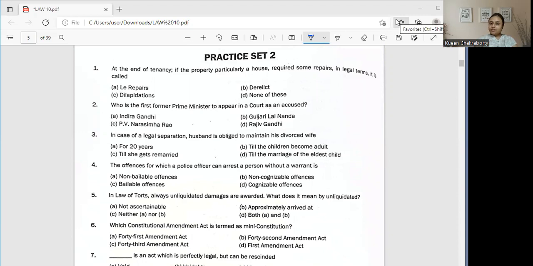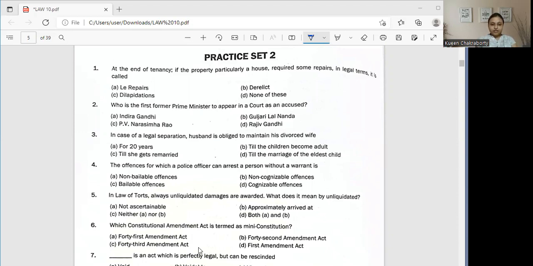So beginning with this set paper, the first question that we have here is: at the end of tenancy, if the property, particularly a house, requires some repairs, in legal terms it is called lay repairs, derelict, dilapidations, or none of this.